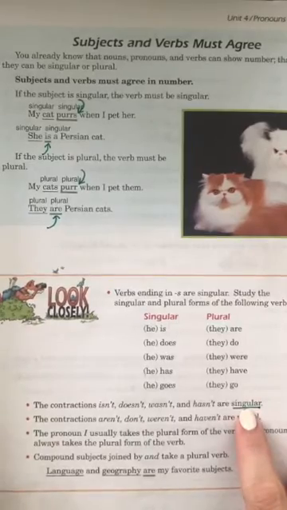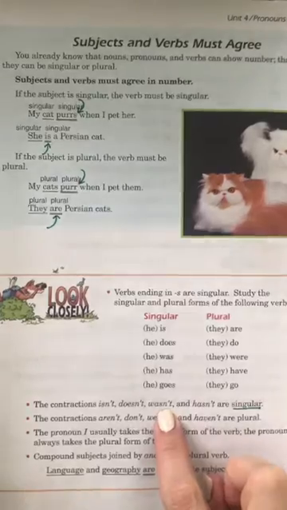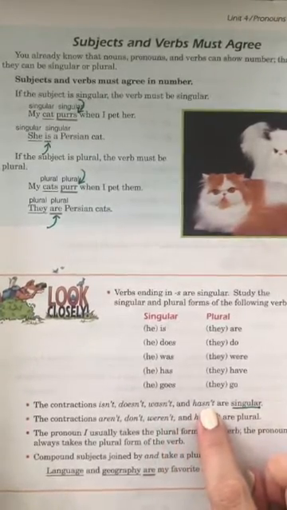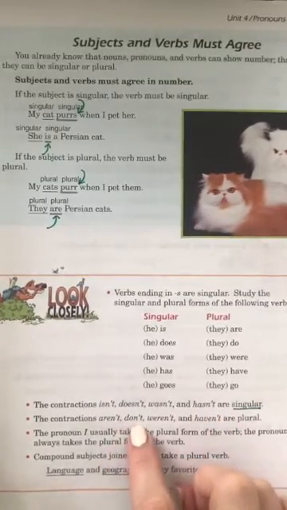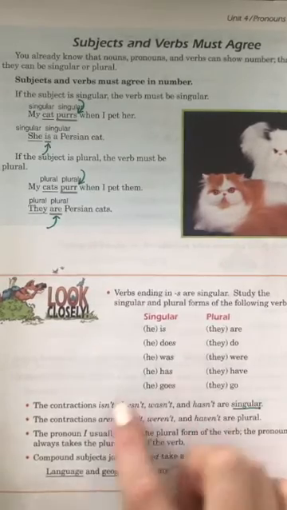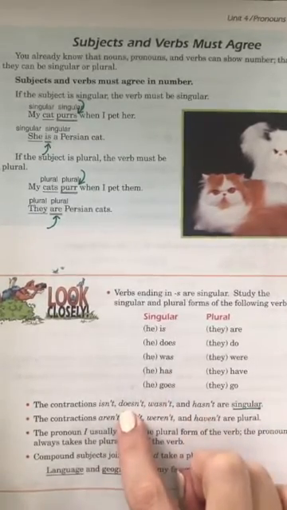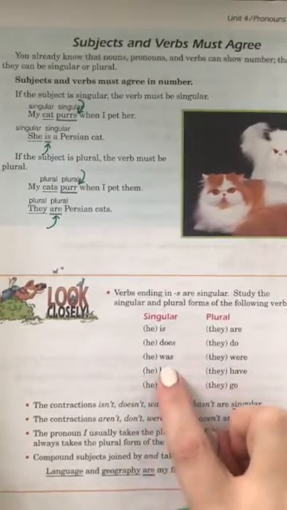For example, you would say he isn't, he doesn't, he wasn't, he hasn't. But if you're talking about more than one person, you would say they aren't, they don't, they weren't, they haven't. You would not say they isn't, they doesn't. Notice the difference.